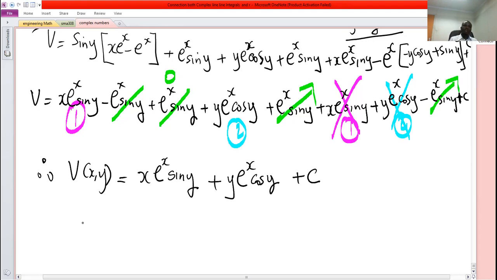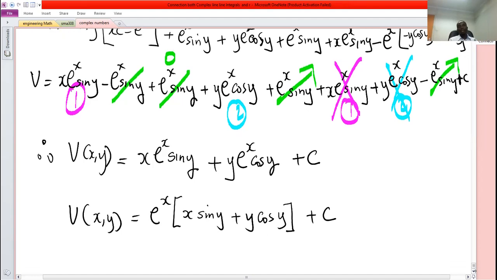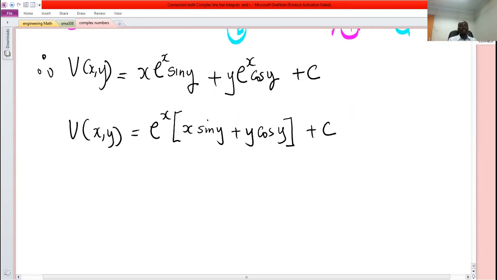Which can be factored as e raised to power x into x sine of y plus y cosine of y, and then plus c. Now that is the v function, but they wanted us to find the value of f of z, which is given by u plus iv.